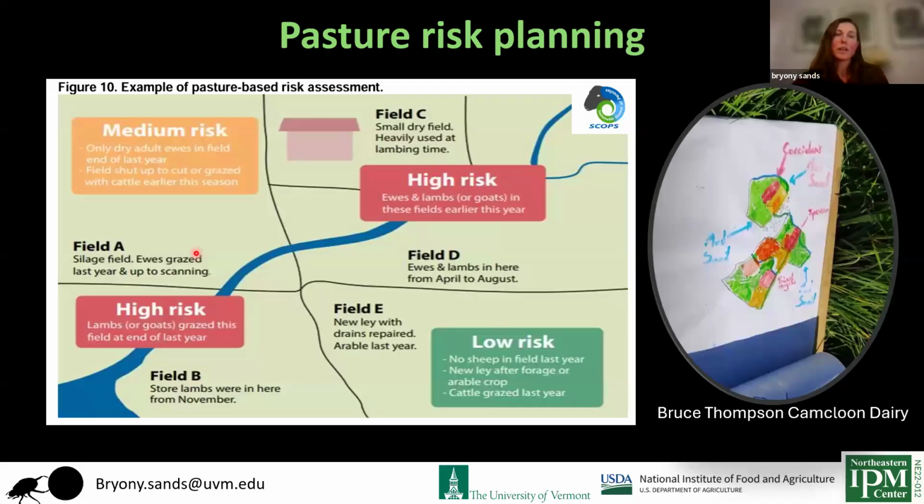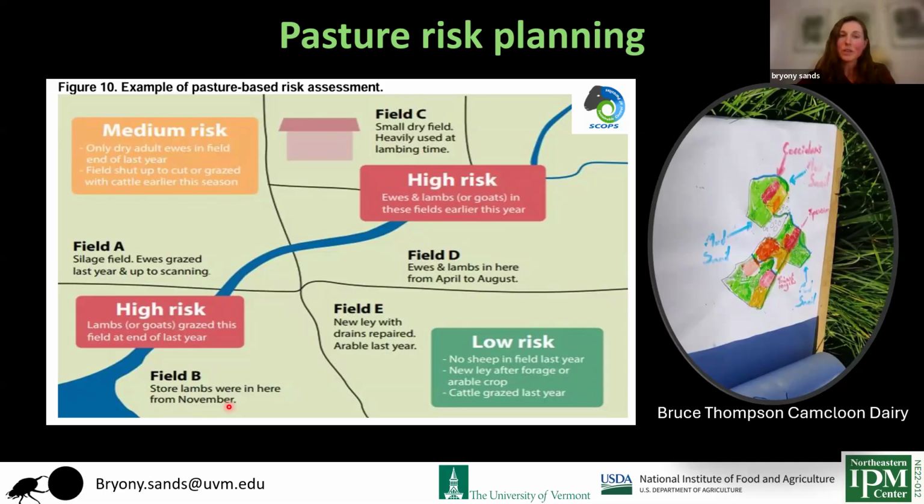It might have also been hayed earlier the same year. And then if we look at high risk pastures, that's mainly pastures where we've had young stock. Younger animals are, as I mentioned, much more susceptible. They're much more likely to be spreading parasites around.